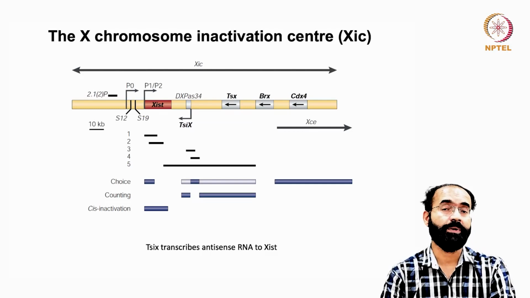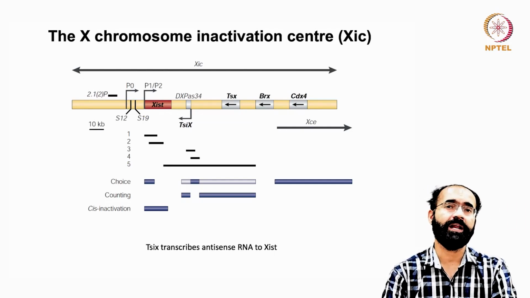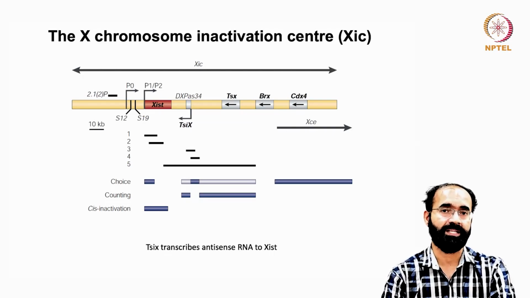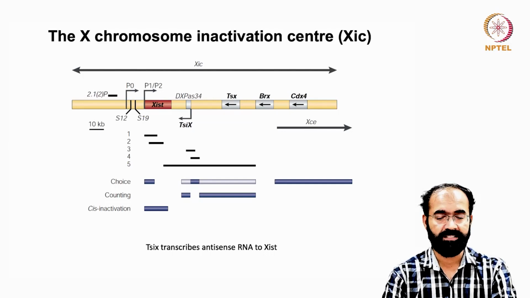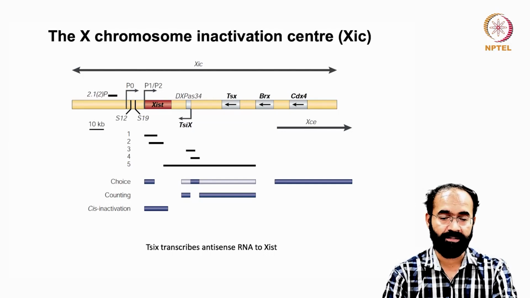And counting means how many X chromosomes are there. Usually a healthy female will have 2 X chromosomes, but there can be a rare situation where 3 X chromosomes can be there. In that situation, 2 of them will be made inactive, and only one is allowed to be active. So that is why counting becomes very important.